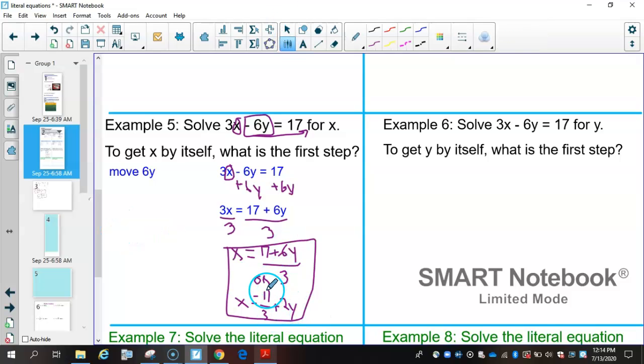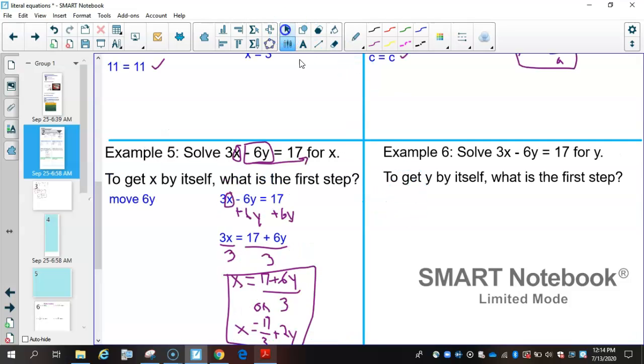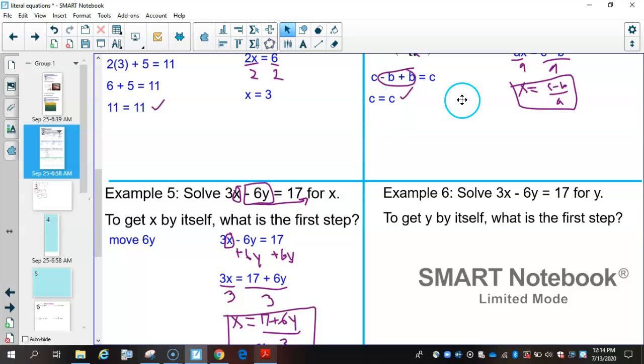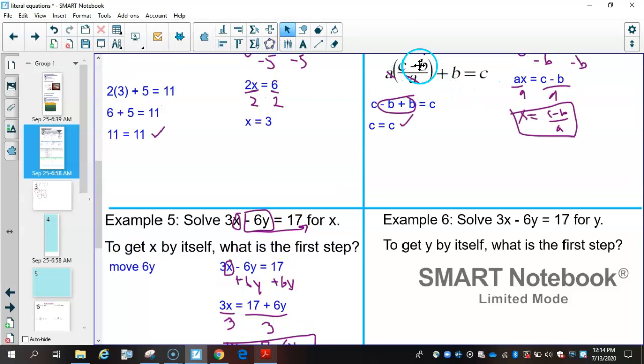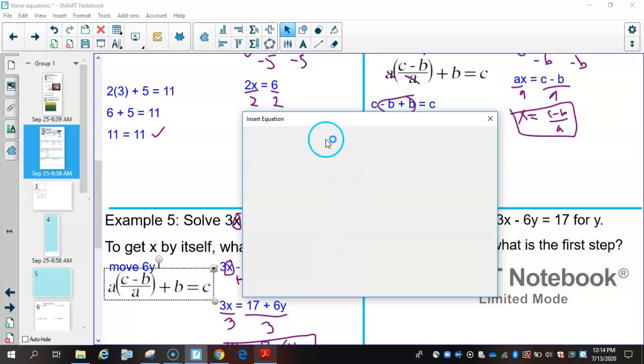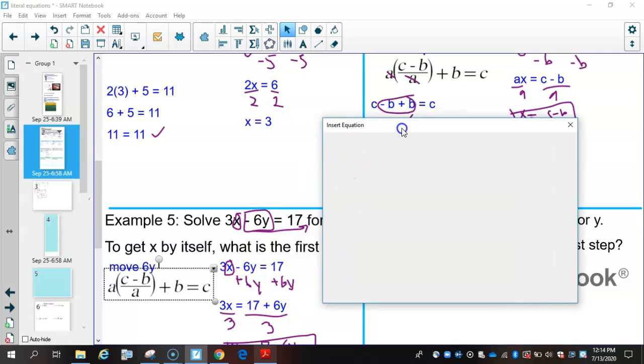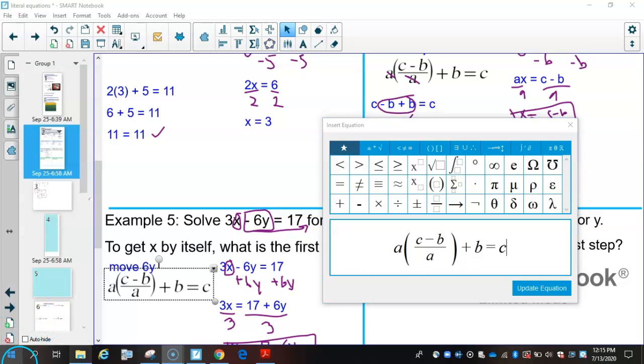This looks more like a 11, so let me extend that. Okay. Hopefully this will let me do this. I lost my mouse there for a second.